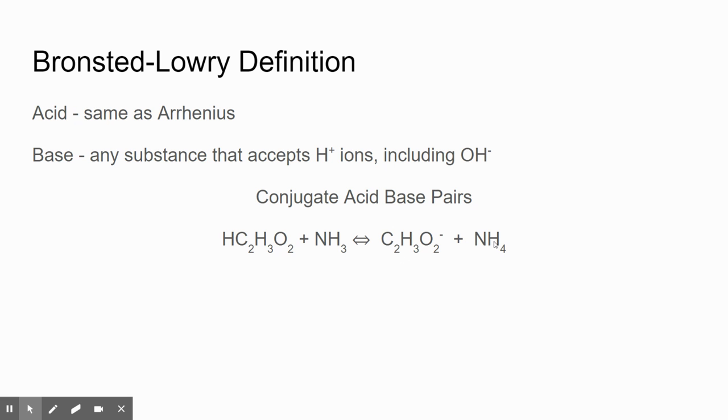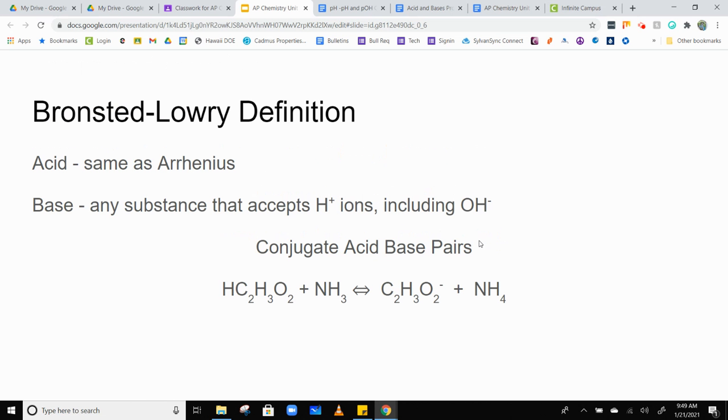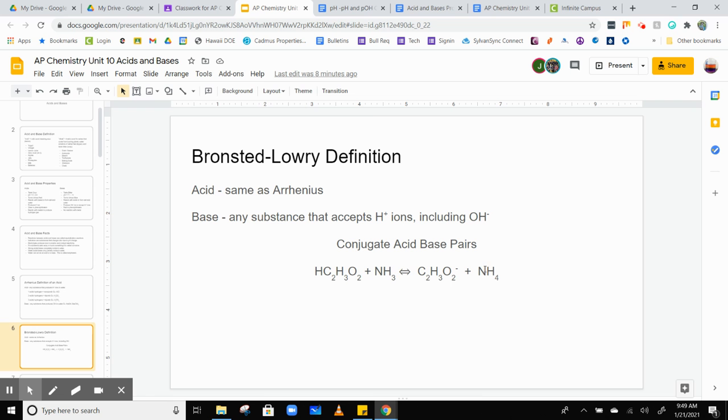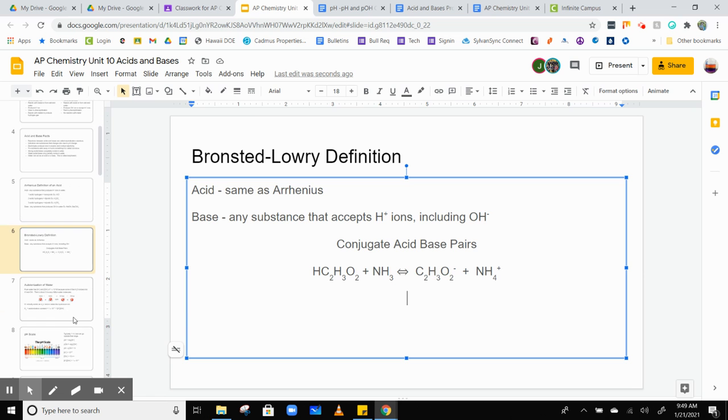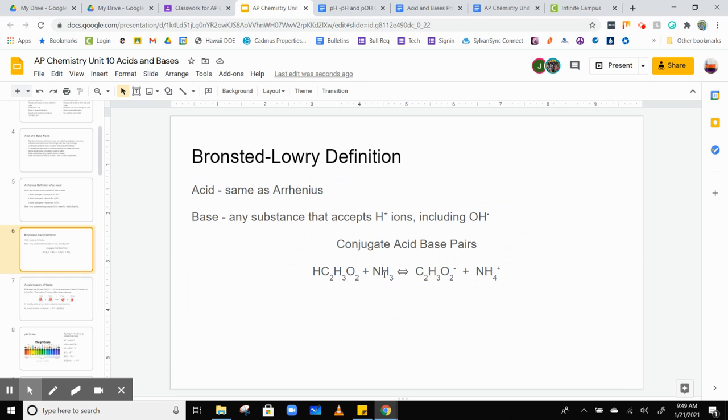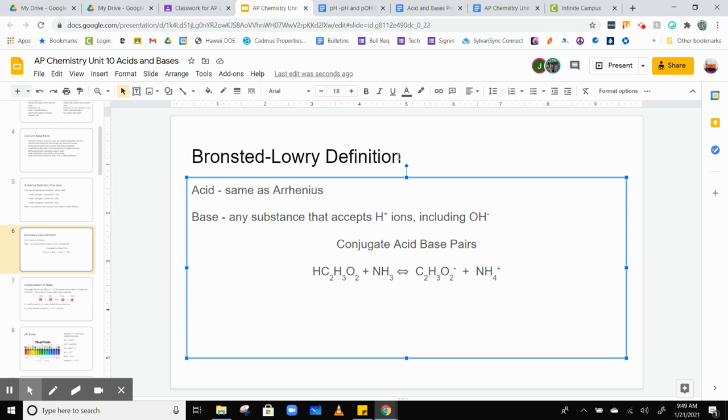And then NH4 goes from NH4 to NH3. It gives off the H+. So therefore, it is the conjugate acid. And actually, I need to fix this because it should be positive. Okay, and then let me label these.